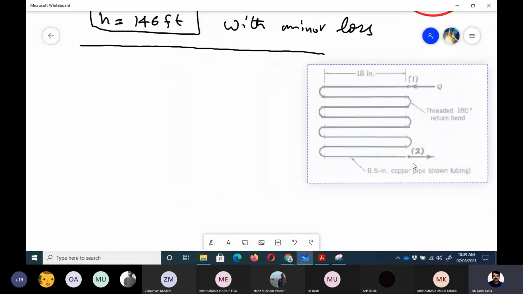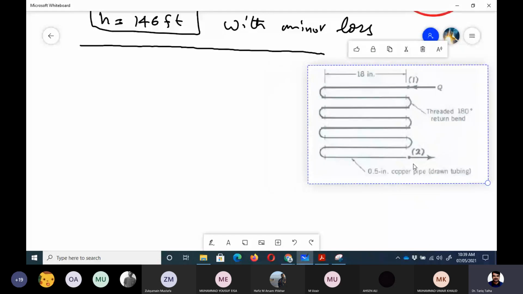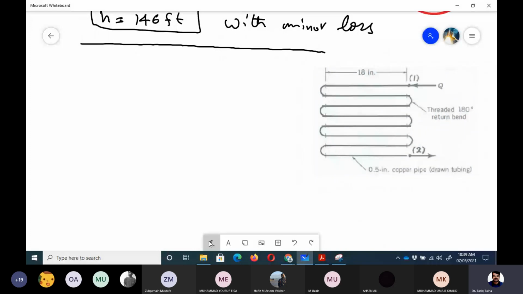Okay, so this is the schematic. Now we will write the energy equation for this. That is the same thing as we discussed.